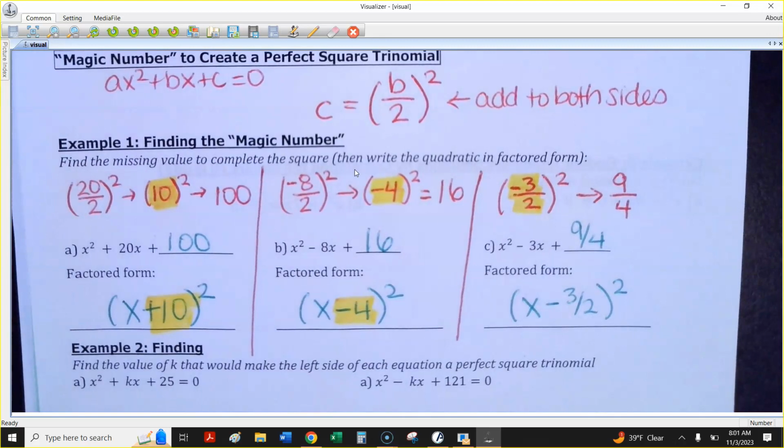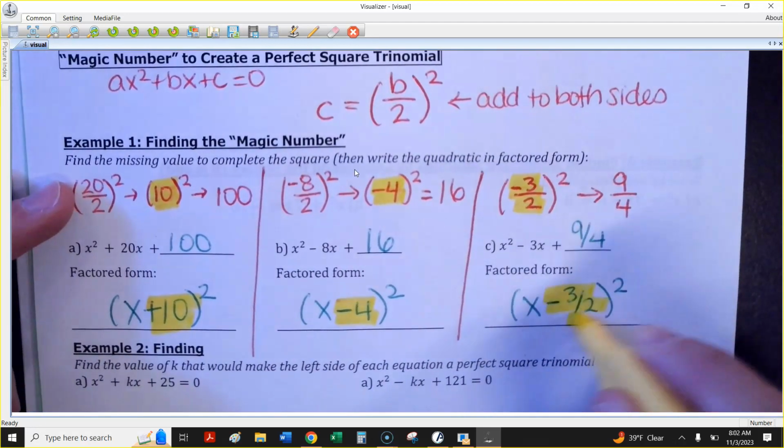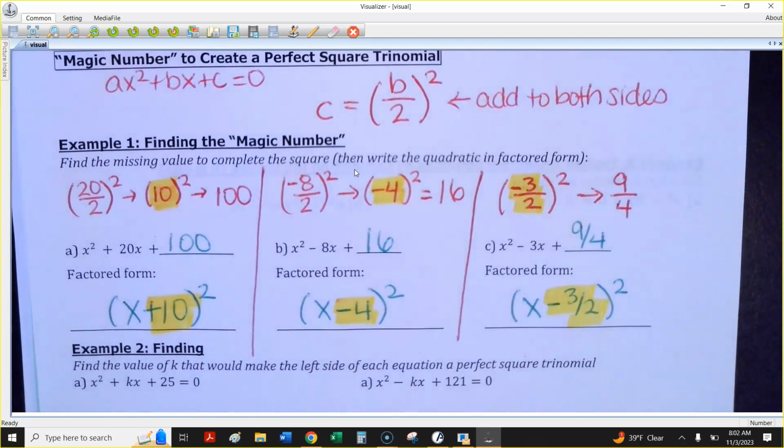And if you wanted to FOIL that out, I'd have x minus 3 over 2, times x minus 3 over 2. If you multiplied that out, you would get back exactly what you have right above there. But I promise you that whatever you square, and especially if it's a fraction, that's a good thing to remember. That's going to be in the factor with the x. Is anybody having a question?